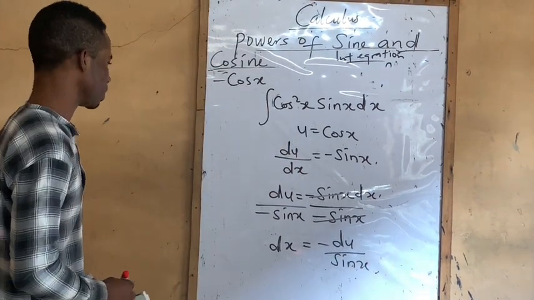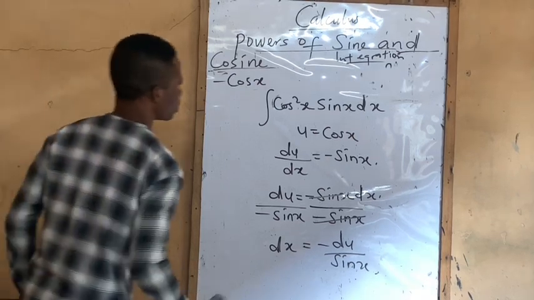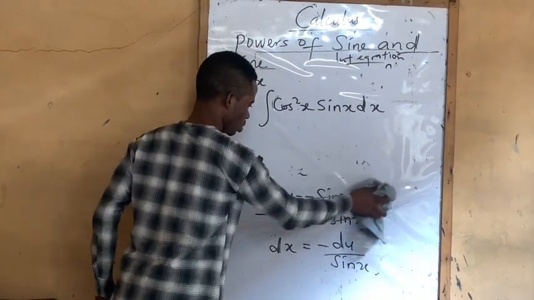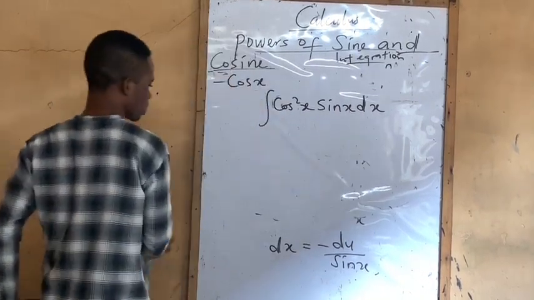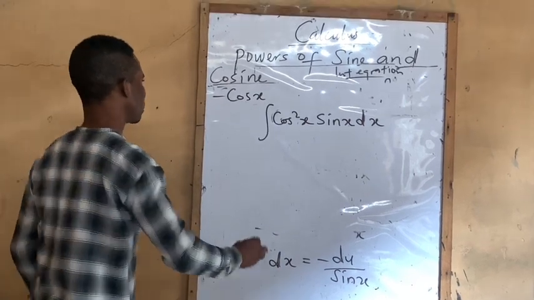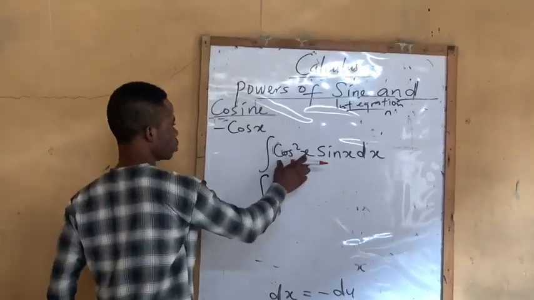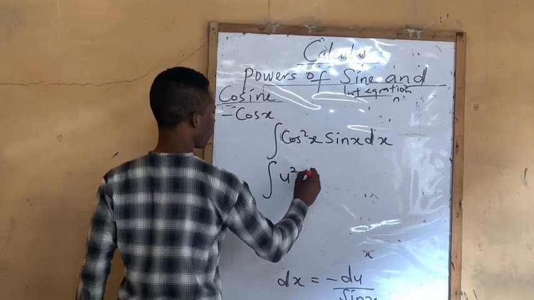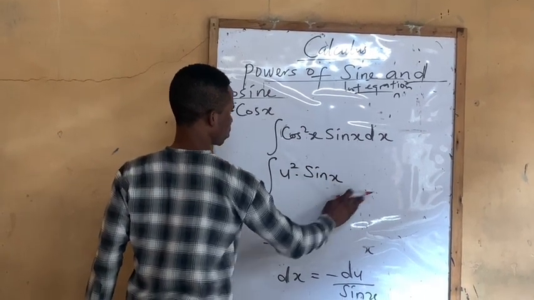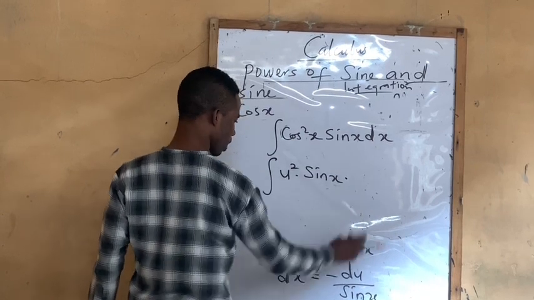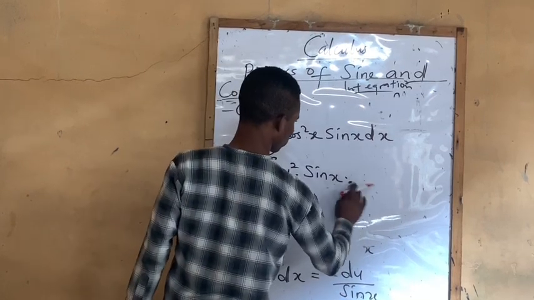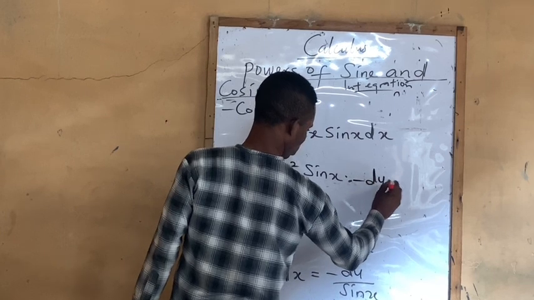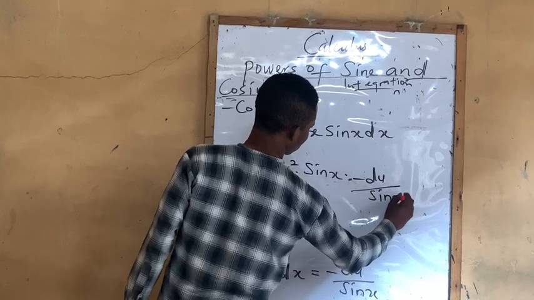Now that I've gotten my dx, what will I do? I will need to substitute it back. So the integral of this is u square, because of the square here, multiplied by the sine x, multiplied by my dx, which is minus du all over sine x.